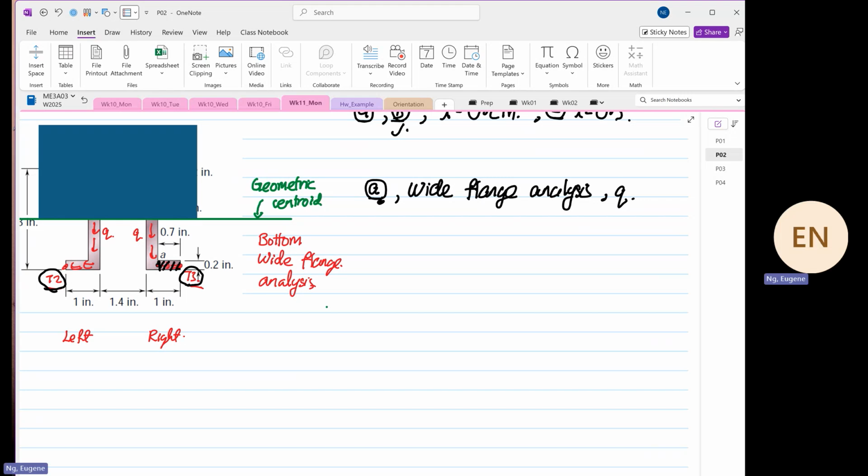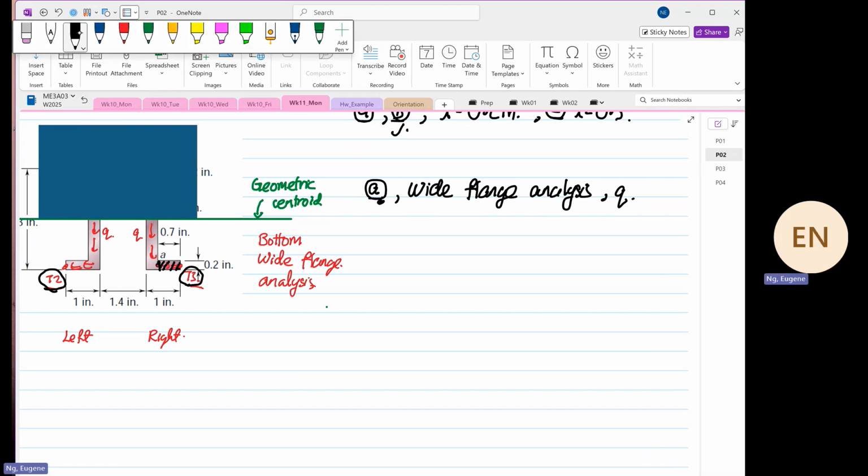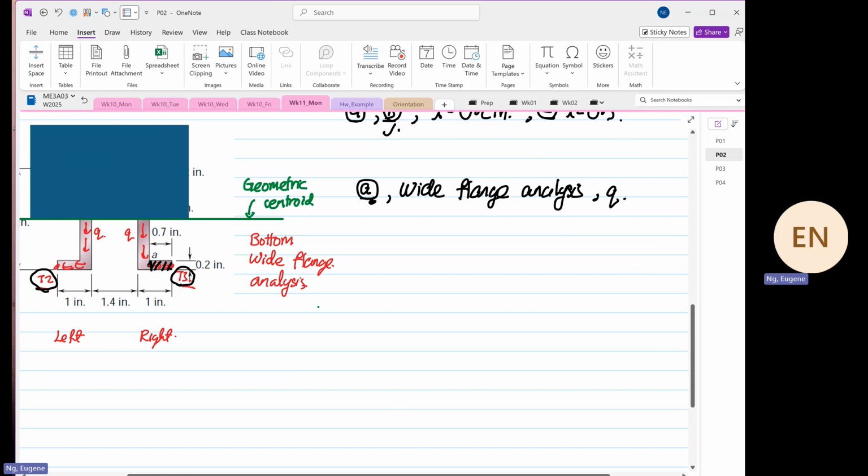They are independent. One Q goes one side, one Q goes the other side. And the Q that's flowing down goes down to terminal 3. So the area to consider is exactly the shaded area that we are dealing with. So when that's the case, we want to find Qz at point A now with that y bar.